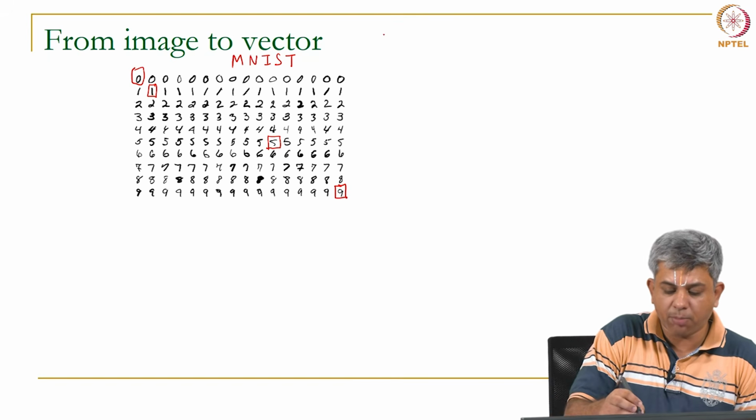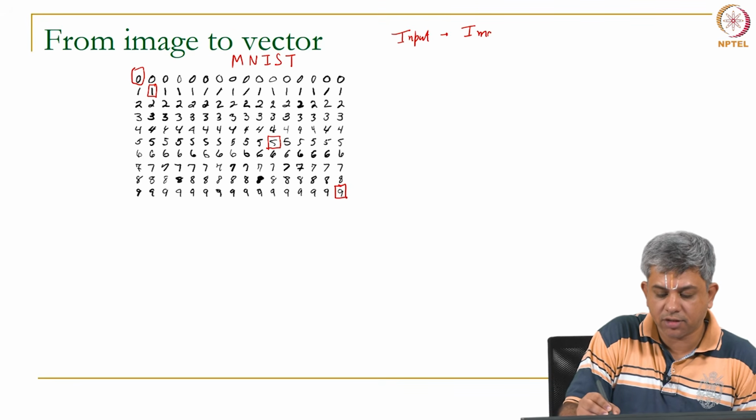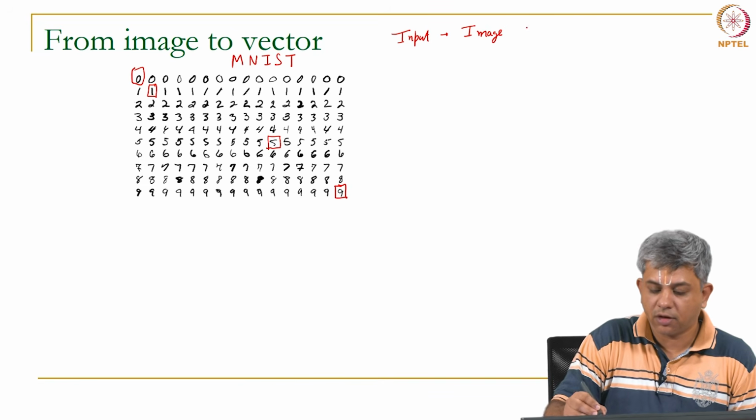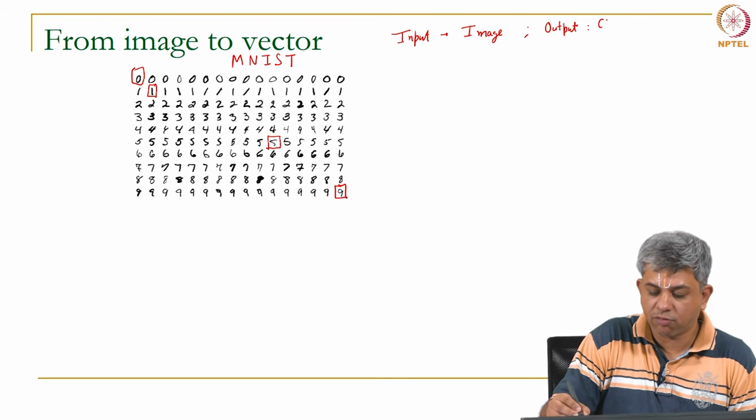So, the input here is an image and the output here is what we will call a class, or actually which digit this is. So, you have 10 possibilities, 0 through 9.